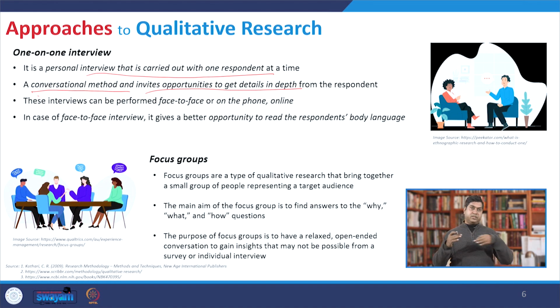That means you first develop the questionnaire and then you survey a few people to understand whether each of the questions being asked in the questionnaire is meaningful, or whether there are any such issues that the respondents are facing. On that note, you have to modify it, and then after modification, again you go for a full-fledged final survey. In this case, the interview can be performed face to face or over phone or online.